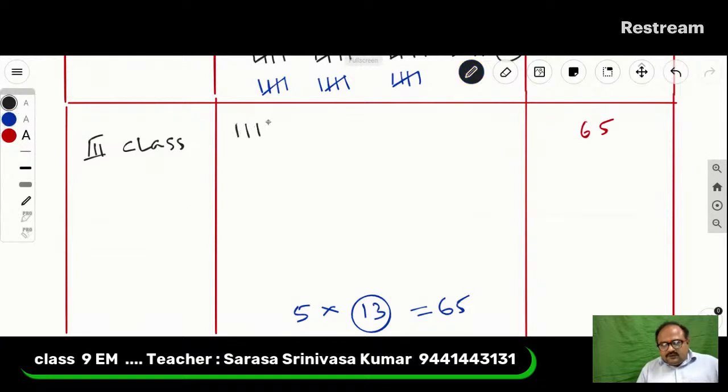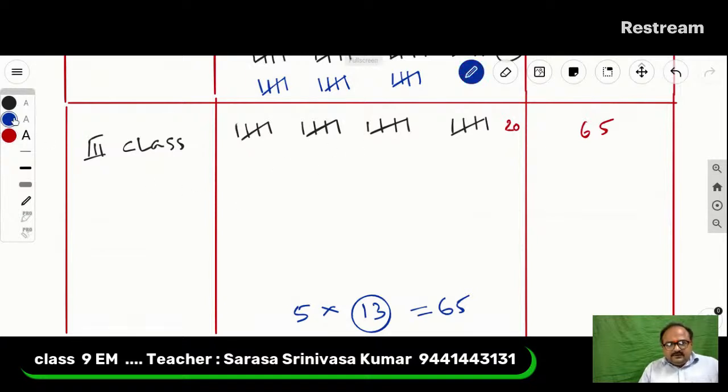1, 2, 3, 4, 5. So here we have written 20 tally marks.